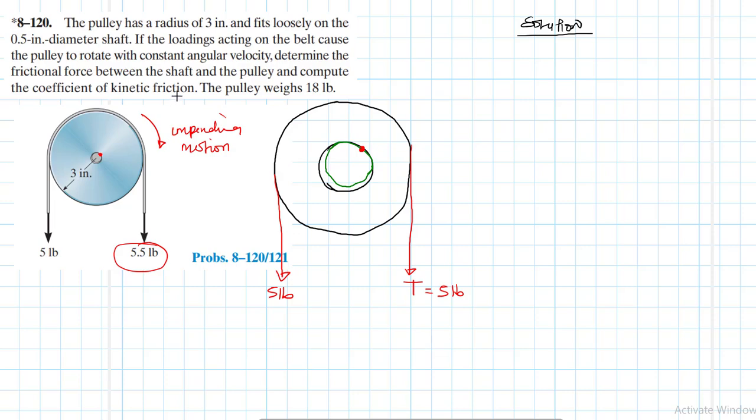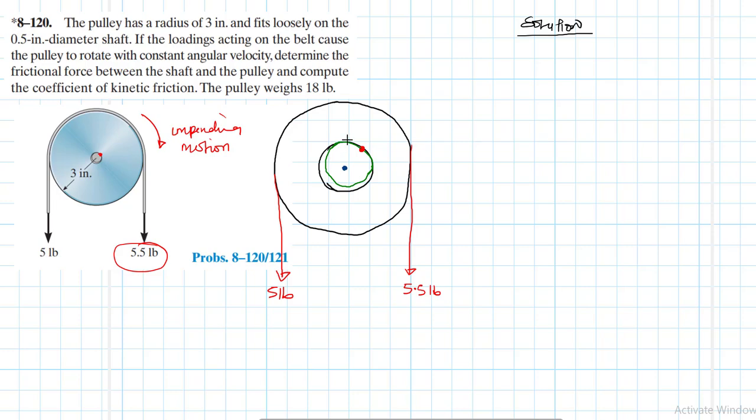All right, so let's imagine it is something like that, and that is the center of the pulley. We put the center of the pulley and we put the right tension there, which is 5.5 pounds.